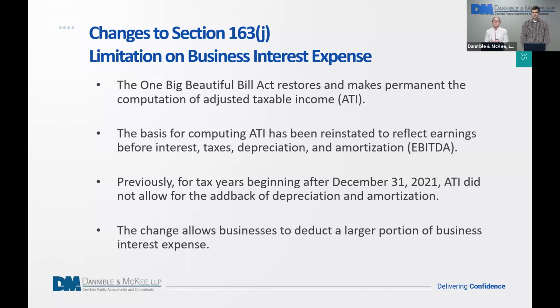This can be major for some clients if they have those large expenses of depreciation and amortization. Those are now added back, which would increase your adjusted taxable income potentially, which would allow a larger portion of business interest expense to be deducted.